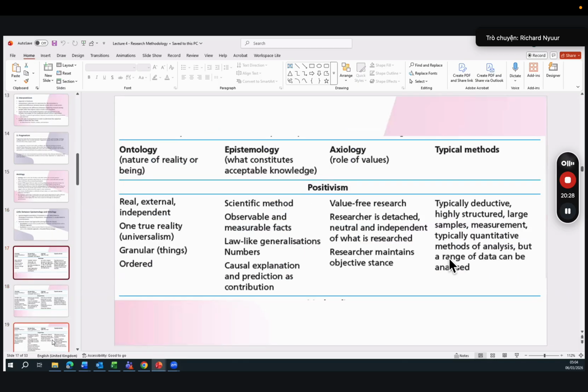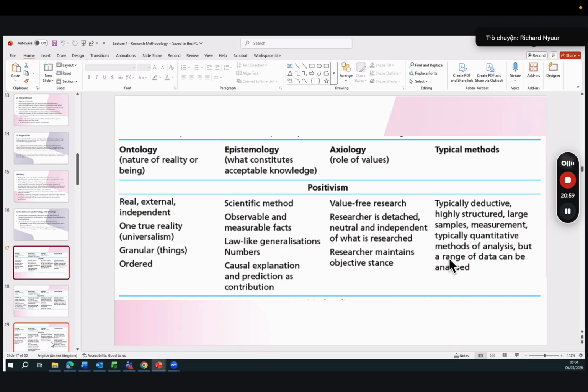So each of these philosophies are further explained here and they're differentiated. So for the ontological dimension, it is more about the nature of reality. Okay, nature of reality. And the focus is that reality is external, independent, and it is the same reality everywhere.